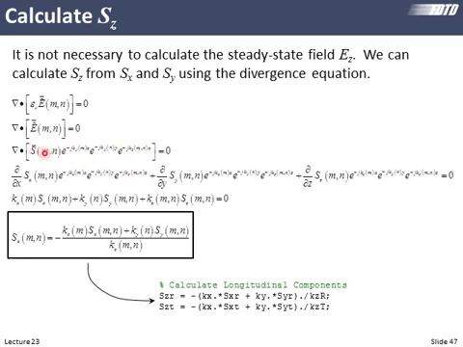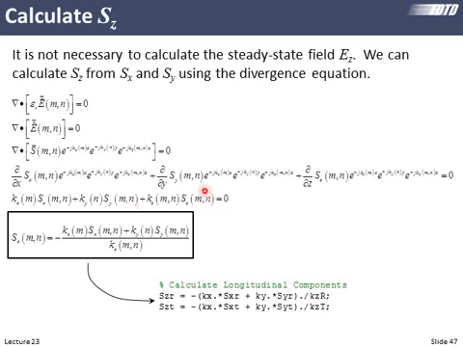So then we expand this divergence operation. We have the X derivative of the X component, Y derivative of the Y component, and the Z derivative of the Z component. And when we do that, we end up with this equation. The exponentials ended up all dividing out after we took the derivative operations.